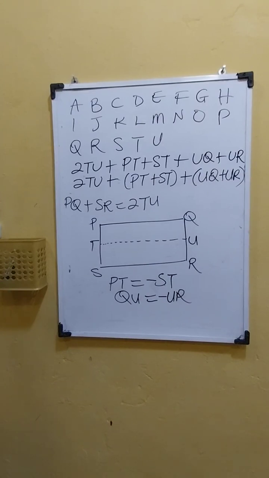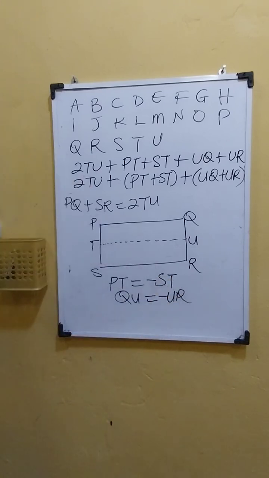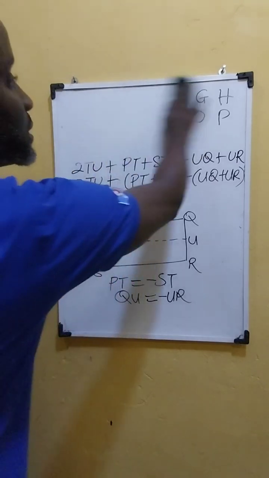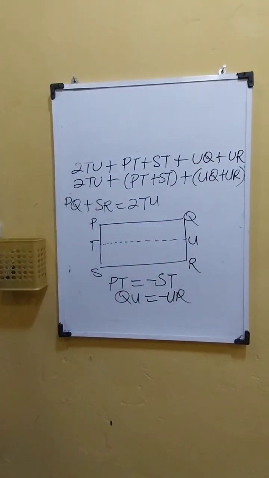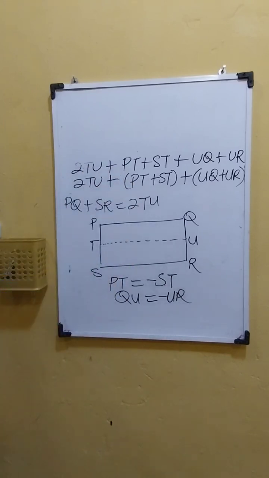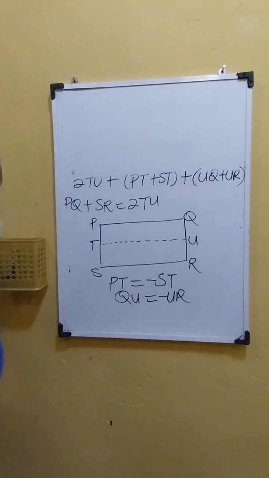So you are going to now bring what you have here. You've been able to come up with something else from the diagram. This is where we stopped. I'm taking out the whole of this. I'm still leaving this because that's what we are proving.